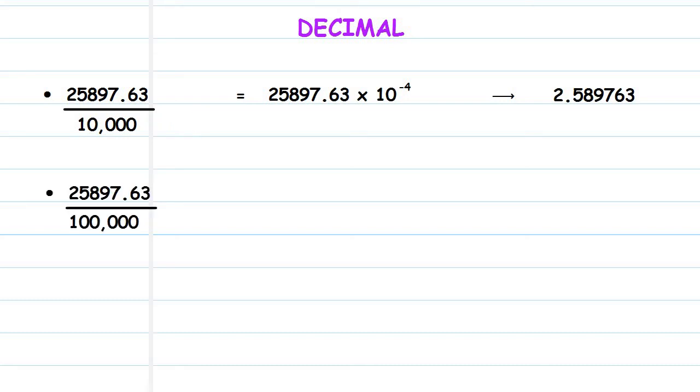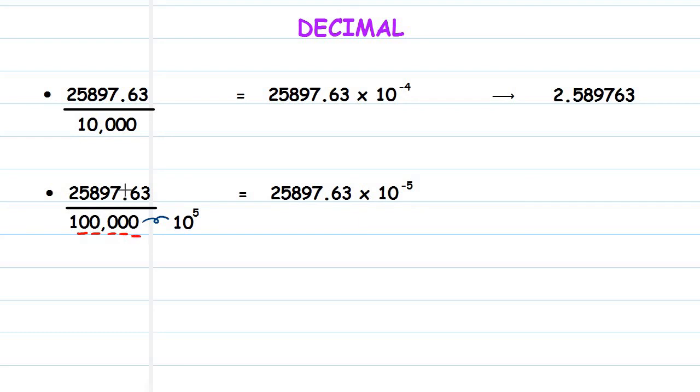Now let's try dividing it by 100,000, or 10 to the 5th. Or we can write it as multiplying by 10 to the minus 5. So this time we're dividing the decimal number by 100,000, which has 5 zeros. 1, 2, 3, 4, 5.